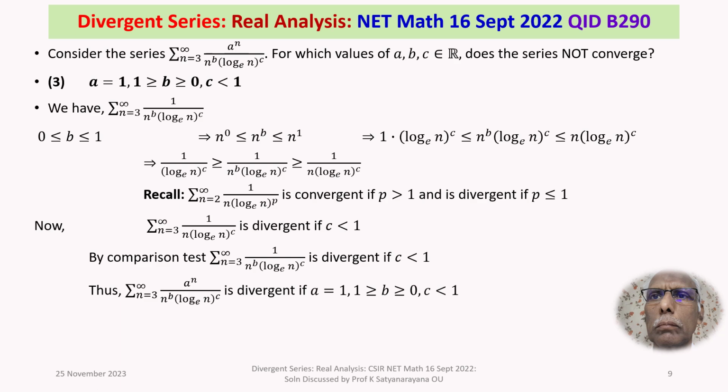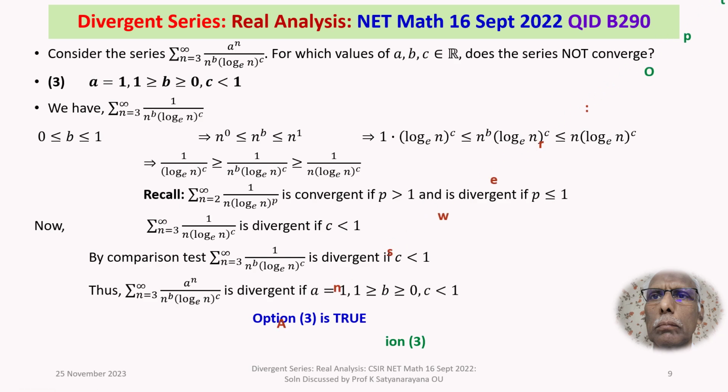That's what we have to find out. So therefore option 3 is true. True in the sense we have to find out that series which is not convergent. So the answer to this question is option 3.